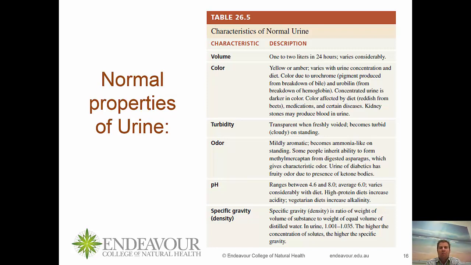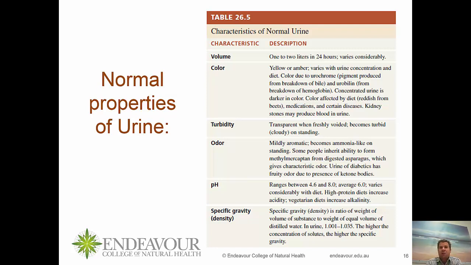We learnt in the GI system about stercobilin, which is a bile pigment in the faeces, and it's what makes your faeces brown, and that goes back to red blood cell breakdown. And it's also why your urine is yellow as well. It's a function of red blood cell breakdown. It's a byproduct of bile breakdown.